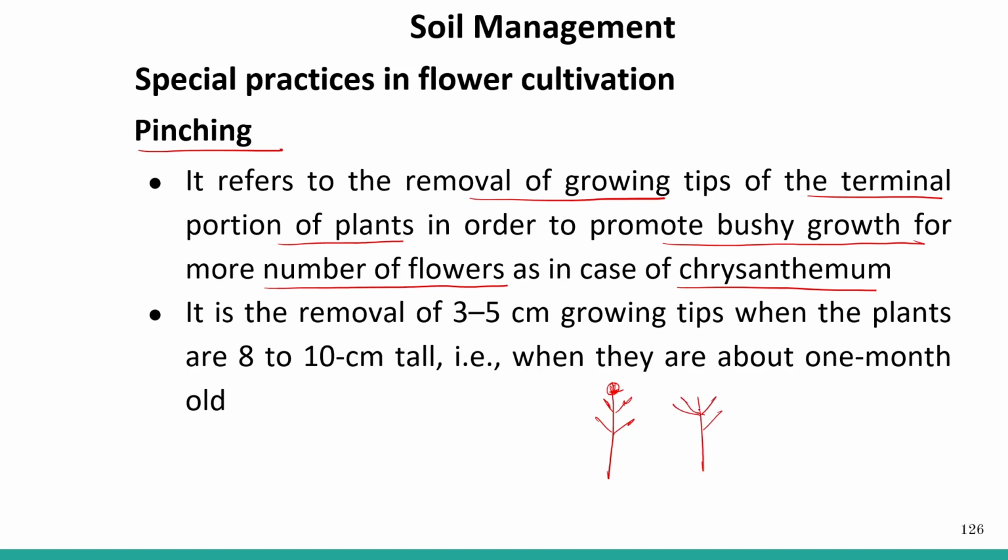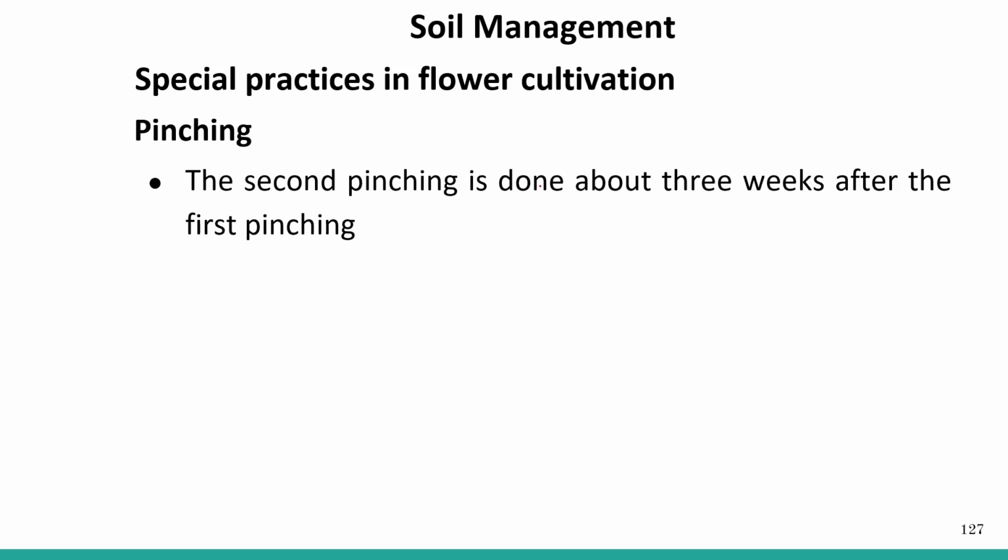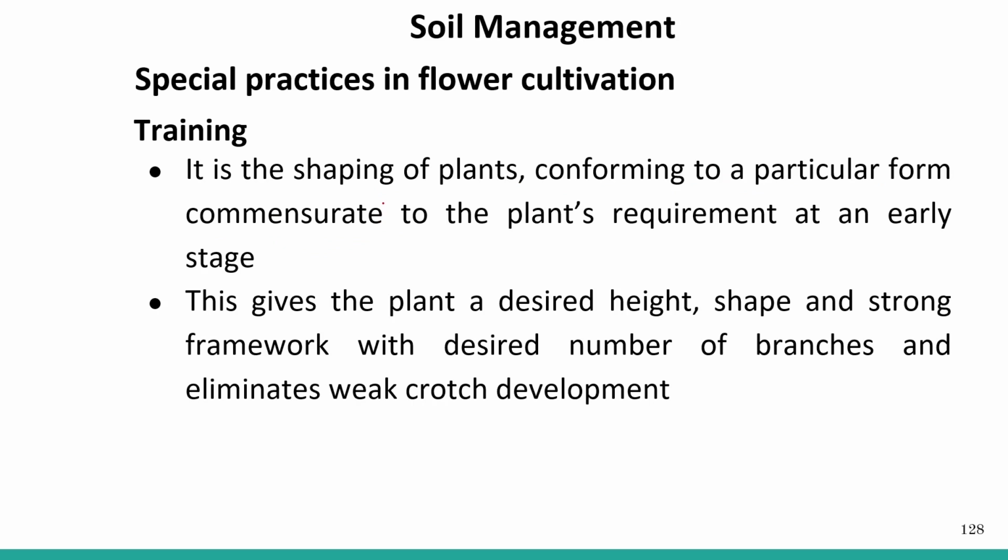It will promote branches from the sideways, and the plant becomes bushy in appearance. It is the removal of a 3 to 5 centimeter growing tip when the plants are 8 to 10 centimeter tall, that is when they are about 1 month old. The second pinching is done about 3 weeks after the first pinching. So we can have a number of pinchings to give the plant a bushy appearance.